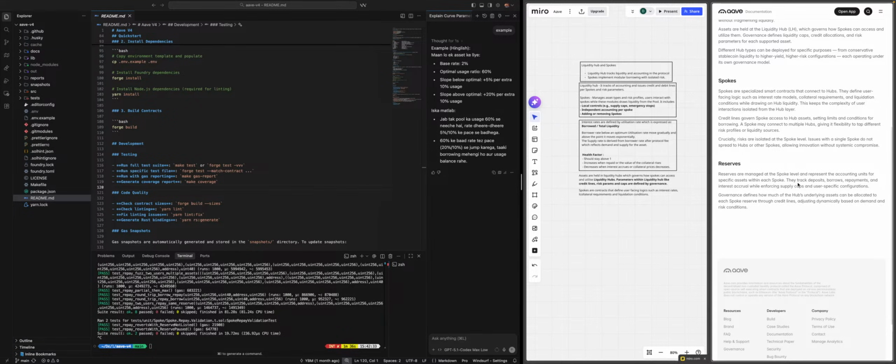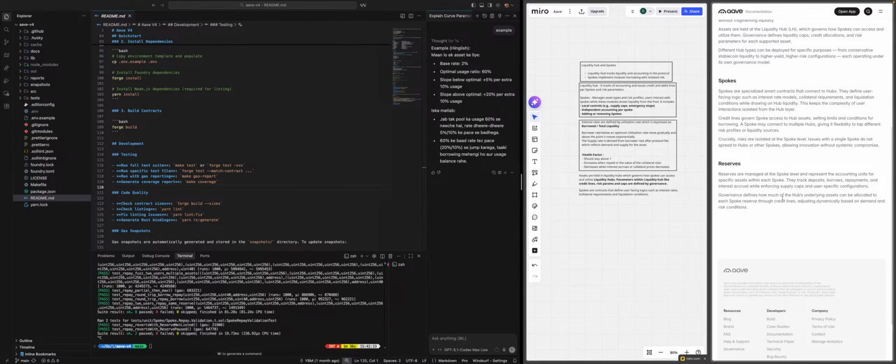It basically tracks how much assets are deposited or borrowed under a specific spoke. They track deposits, borrows, repayments, and interest accrual while enforcing supply caps and user-specific configurations, which we already discussed.